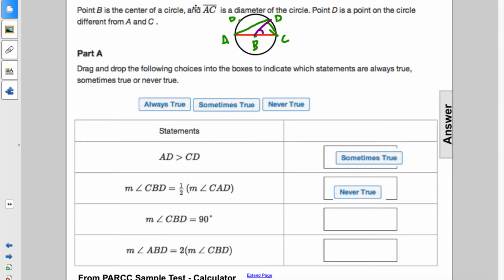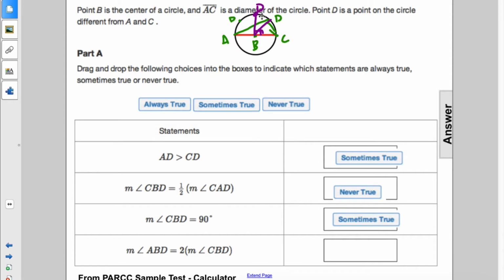All right, moving on. The measure of angle CBD equals 90 degrees. That is sometimes true. So if D was like right here, up here, then this would be a 90-degree angle. So that is sometimes true.